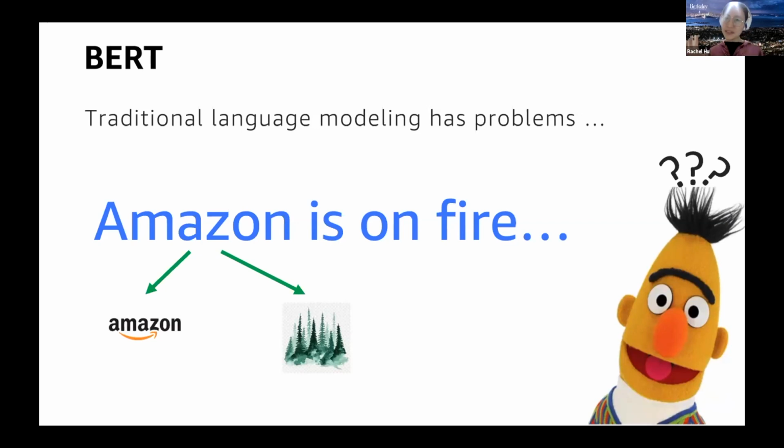Does it mean the building is on fire or the company itself is on fire, etc.? So as you can see, natural language is super ambiguous, polysemous and synonymous. And sometimes in spoken language, it's even worse because of homophones or prosody, etc. So that's the issue that BERT is going to tackle.